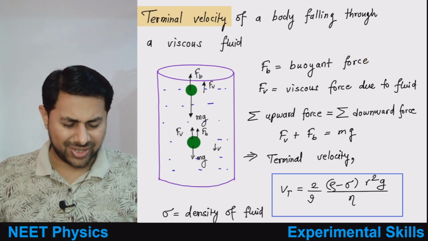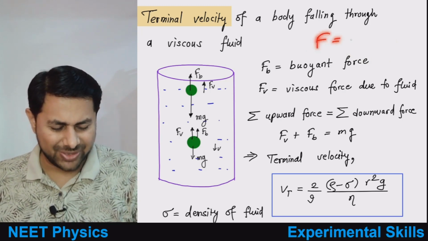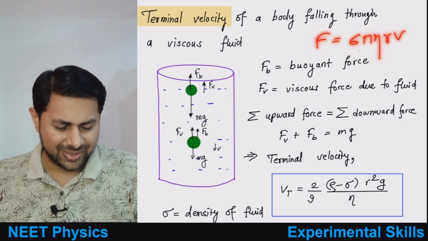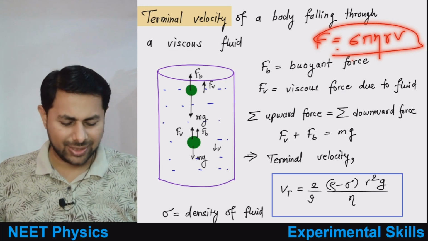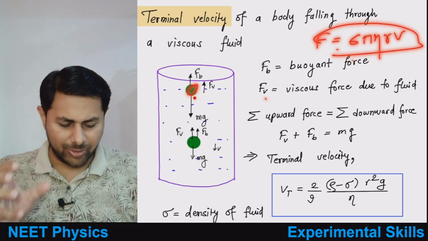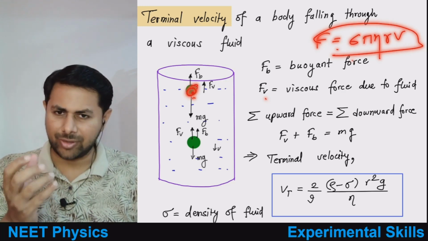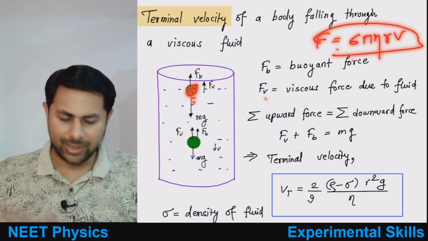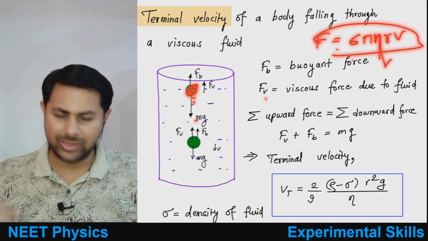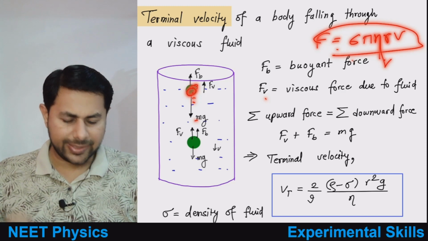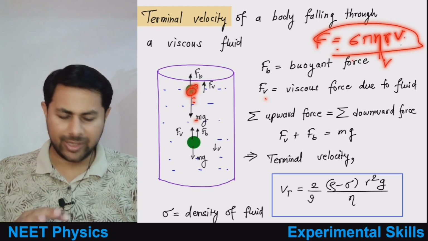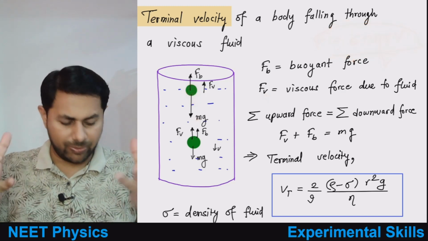Sorry, I said Newton's formula; F is equal to 6 pi eta RV. This is Stokes law. If a solid spherical body is falling through a liquid having coefficient of viscosity eta and its radius is r, if its velocity is v, then this much would be the force acting upwards.